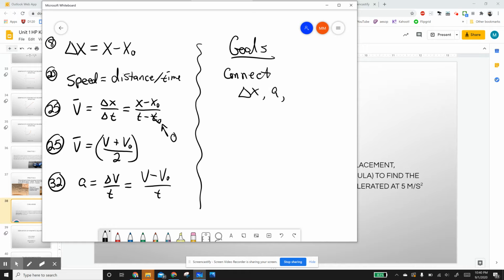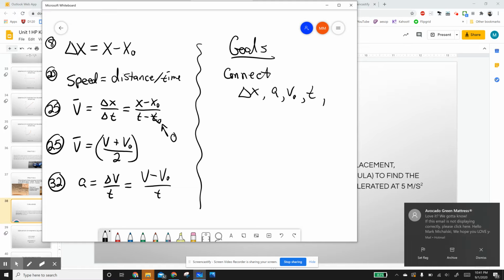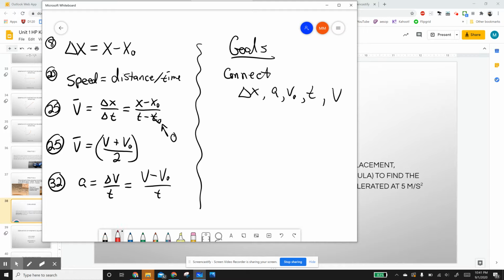We know that it starts at rest, so that's a v initial, and we're given a time of 10 seconds, t. That's what we really want to do. The other piece that's not given here, but just to be complete, is that we have one other variable, and that's the final velocity v. But for this particular problem, we don't know what it is, so we're going to try to see if we can avoid that.